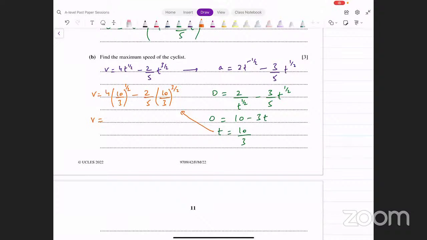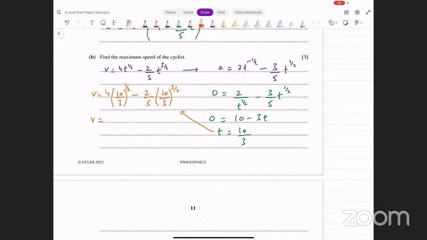ये देख लें क्या आ जाता है. 4 into 10 divided by 3 raised to power 0.5 minus 2 divided by 5 into 10 divided by 3 whole raised to power 1.5.